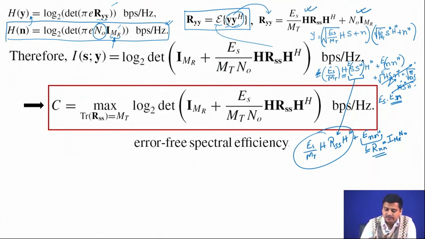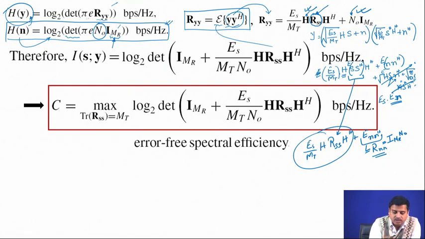Now, if we have to maximize the differential entropy of Y, we are left with this expression where H is not in our control, it is from the channel. Noise is also not in our control, it is again from the channel. So, the only thing that is left in our control is RSS. As you are seeing, differential entropy is given as log determinant.